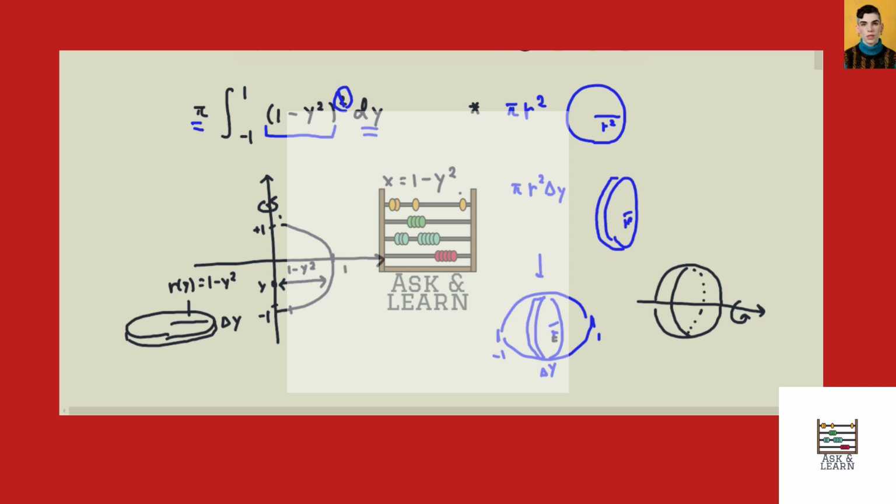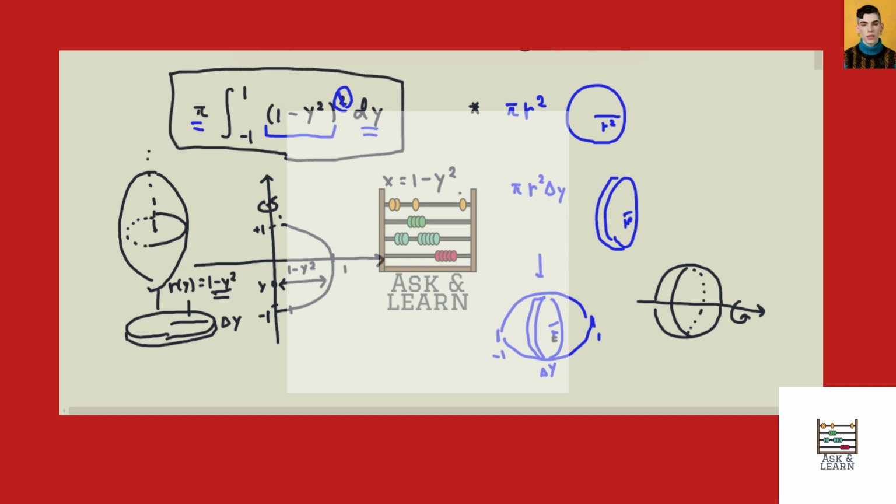If you add up all of the thin disks, I would describe it as a lemon shape or a rugby ball-like shape where the radius is precisely 1 minus y squared. So something like this. I know my drawing is not the best, but that's exactly what we're trying to describe in this integral, and that's how you solve these problems.